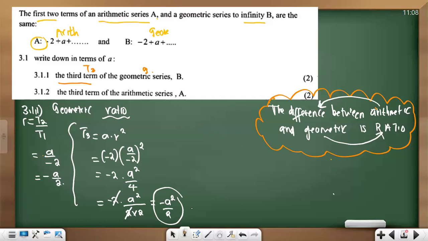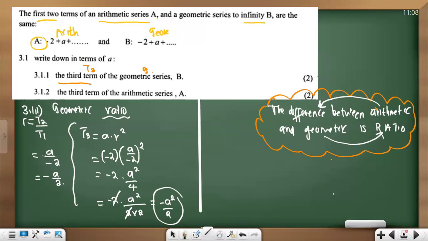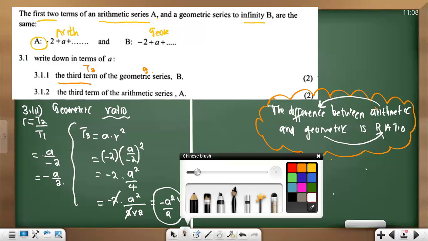I'm just going to divide my board for space. I would like to remove my merchandise because I'm already done with it.